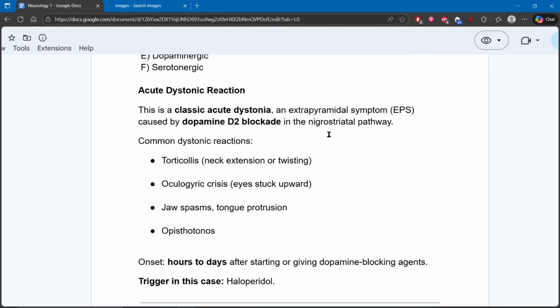Dystonia means that there is constant contraction of a muscle. That's what dystonia is, simply. However, it is an extrapyramidal symptom due to the dopamine blockade in the nigrostriatal pathway. So you need to understand that it is the nigrostriatal pathway that is being inhibited. That is why these symptoms occur.